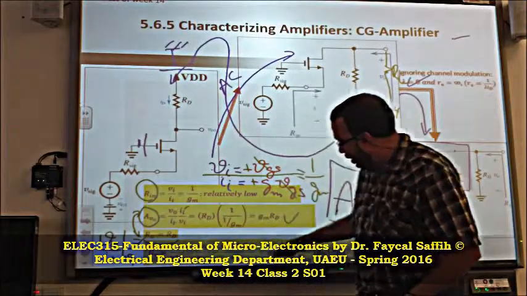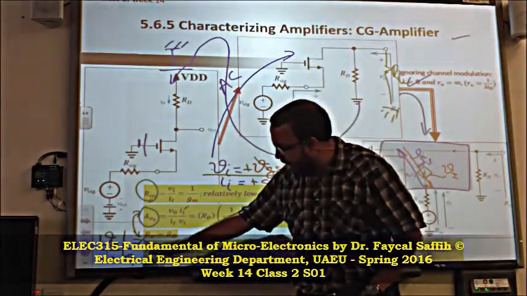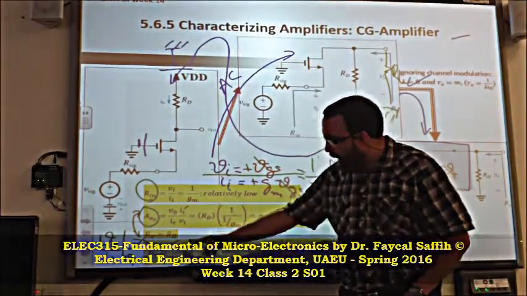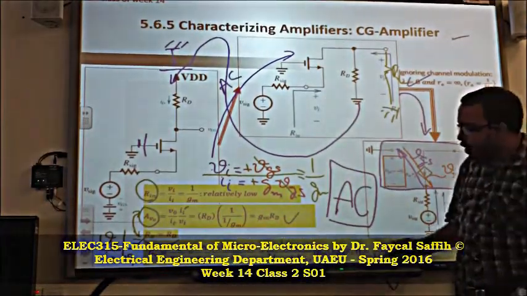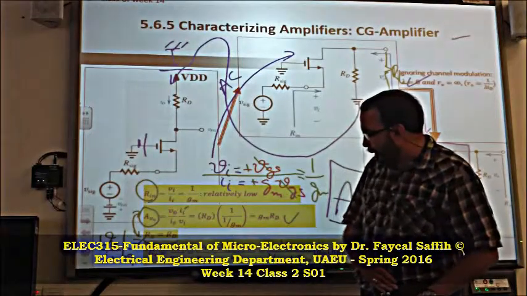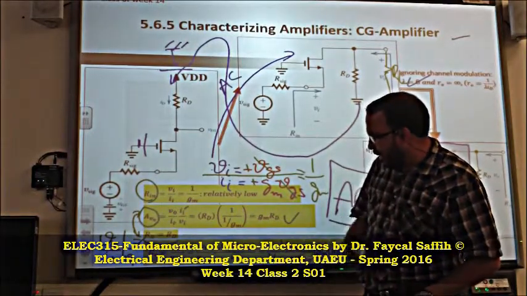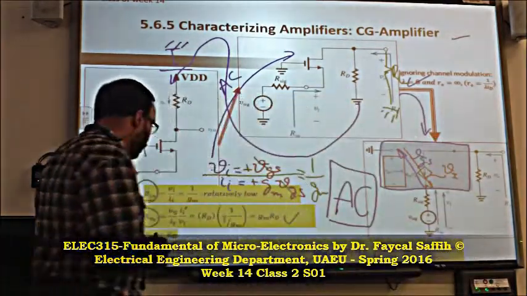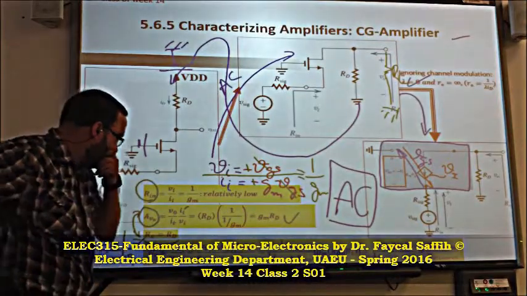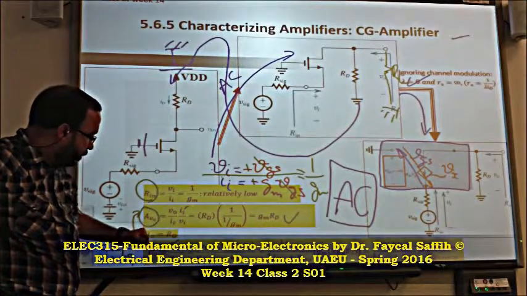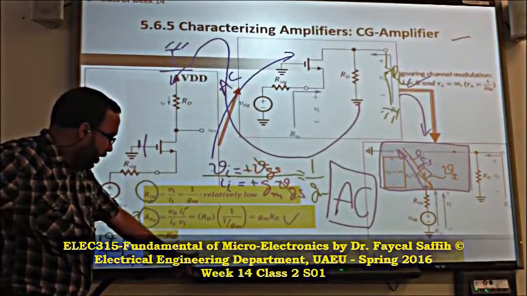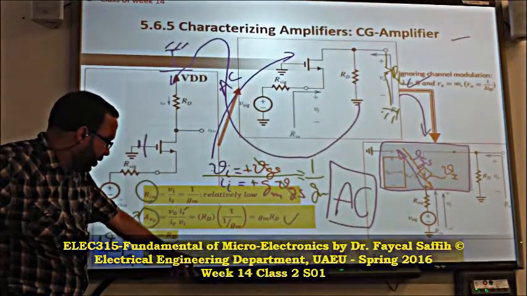So the last characteristic is going to be the overall voltage gain. It's the output voltage divided by the signal voltage, which is this one. Applying the formula that we studied last time, we can basically get the following. So V out over V signal is going to be equal to, let's see, we have V signal here.